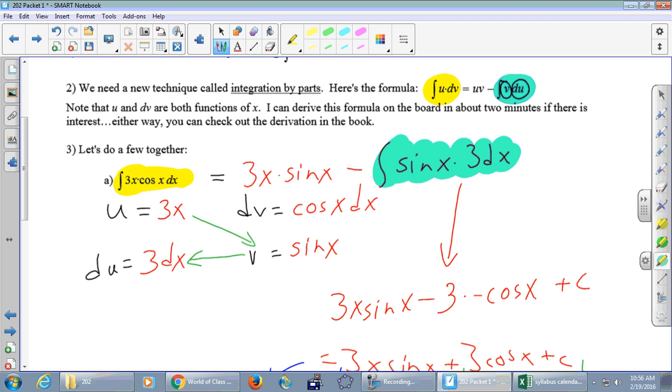Why did that x disappear when we came over to this integral? That's it, right? We let u equal 3x. We took the derivative because the formula says to do that. And that 3 all of a sudden doesn't have the x. The x was the problem. We got rid of the problem. So putting a 3x over here was a great choice because taking a derivative made the 3x simpler. It brought the x out of the problem.